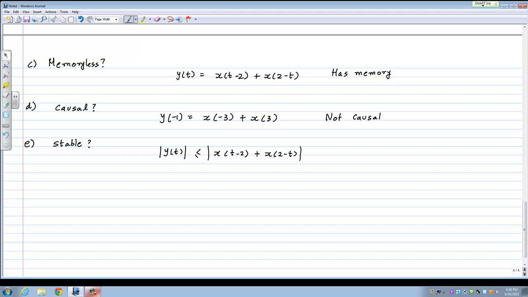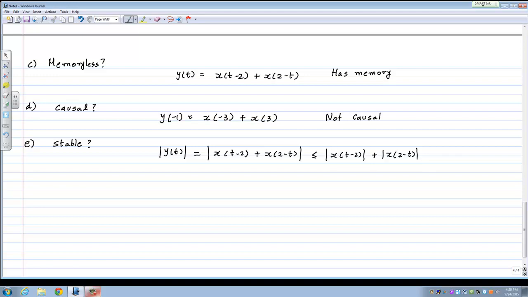Actually, you can say it's equal to here in this case. Why did I say less than or equal to? It's equal to, right? But this is less than or equal to the magnitude of x of t minus 2 plus the magnitude of x of 2 minus t. Do you agree? The magnitude of A plus B has got to be less than or equal to the magnitude of A plus the magnitude of B.